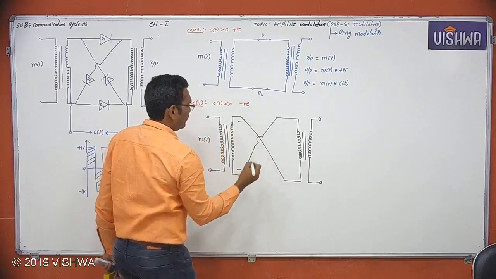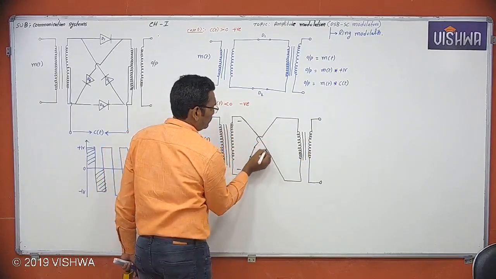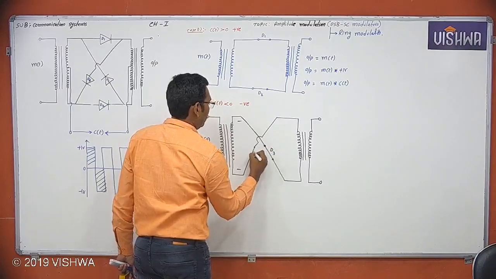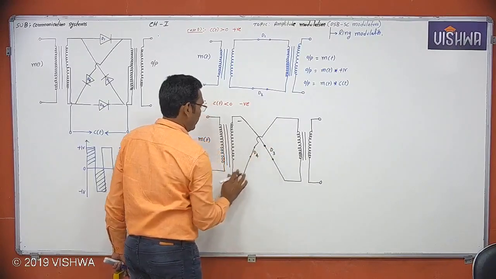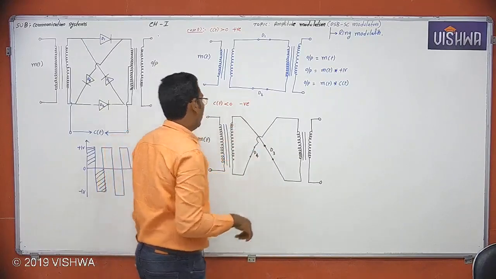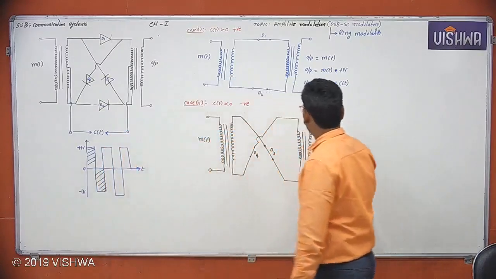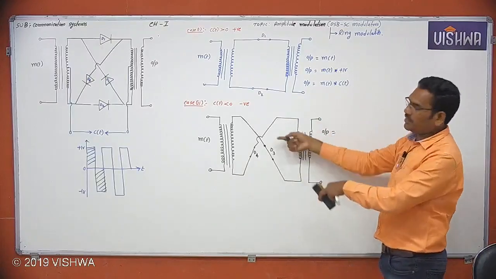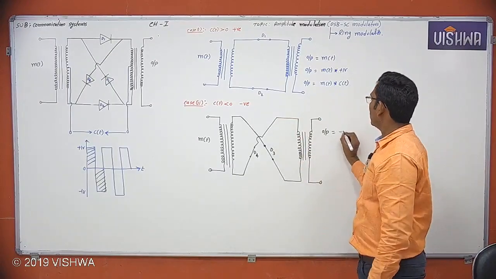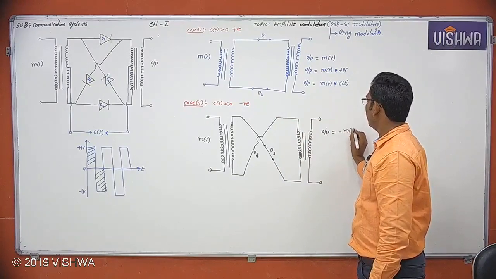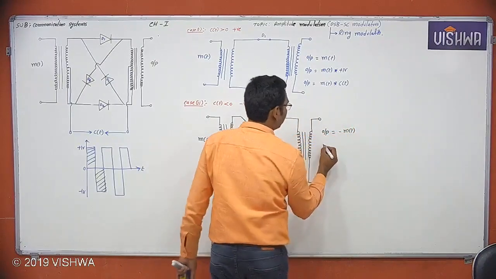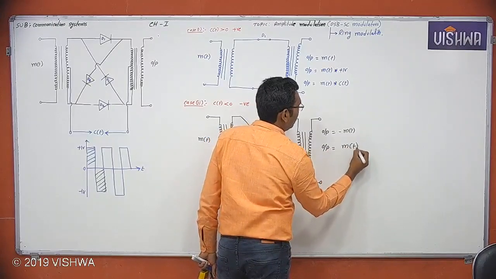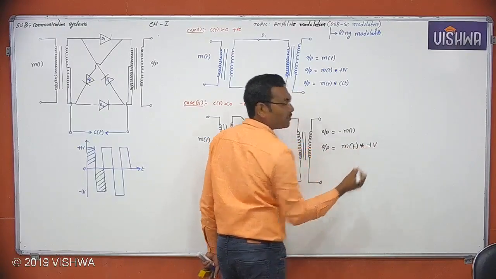Now see here. Now diode D3 and diode D4 is on condition, and D1 D2 is open circuit. Now what is this output? Now output, there is a twist here. Okay, then which is nothing but minus M of T. Now output is equal to M of T into, can I write this is minus 1 volt?